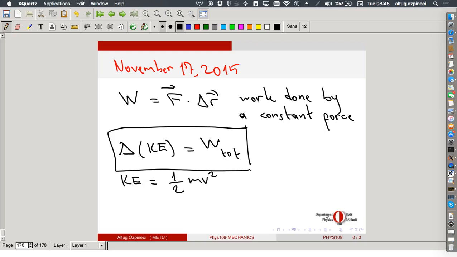The work done by gravity is 0. The work done by the friction force is positive, because initially there is 0 velocity, then it started moving in that direction, so it gained a velocity and has an acceleration in that direction.